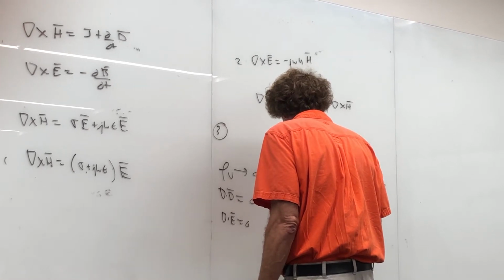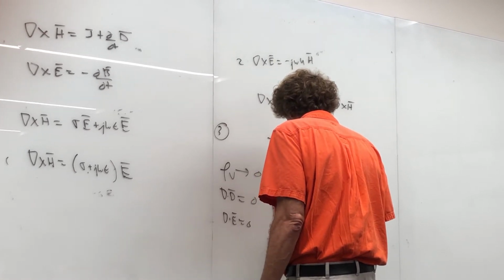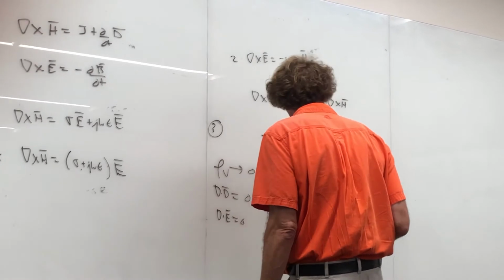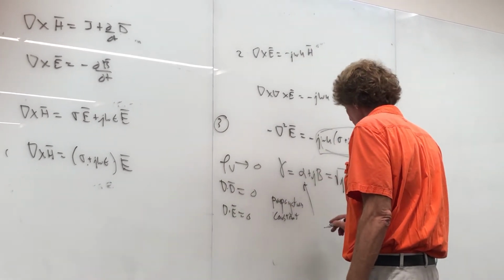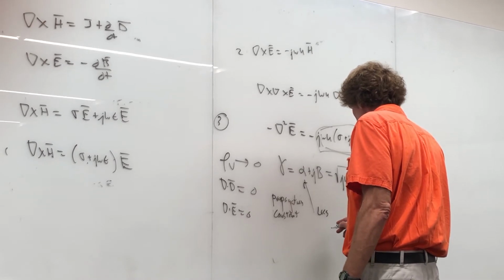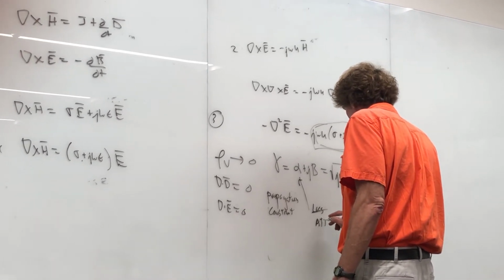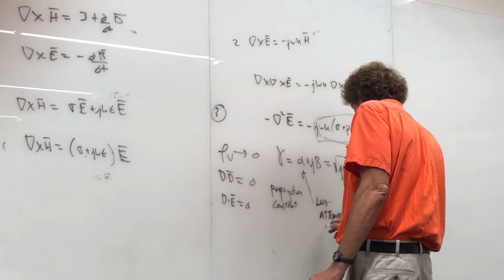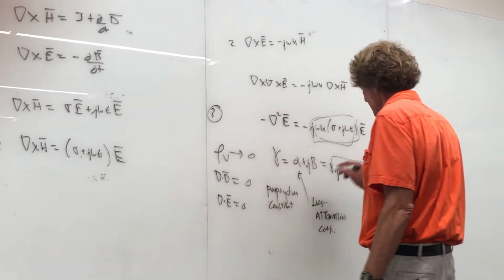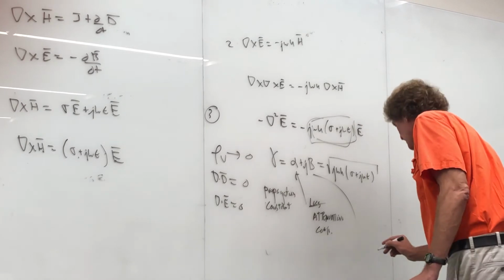Propagation constant. Alpha is the loss, or really it's the attenuation coefficient. And beta is the wave number.